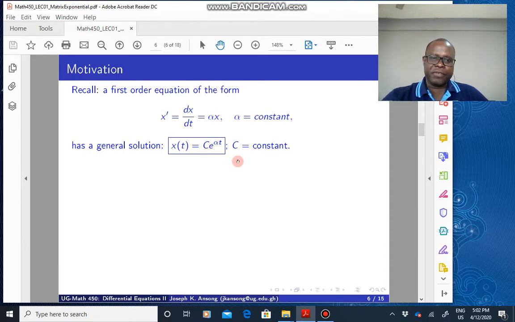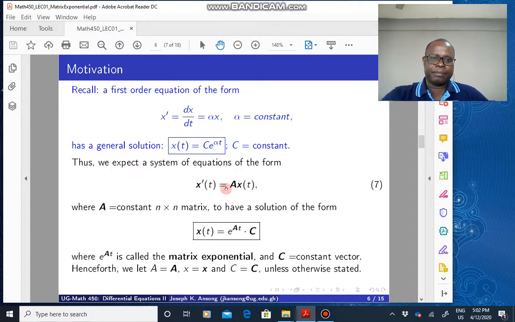So the motivation for using the matrix exponential comes from seeing the similarities between this equation and a system. This one is a system, it's a vector, it's a matrix. If you look at this, it resembles that, and so you expect that a solution to this system will also look somehow like this, where in this case alpha is no longer a constant but is a matrix, and this c is no longer a constant but rather a constant vector.